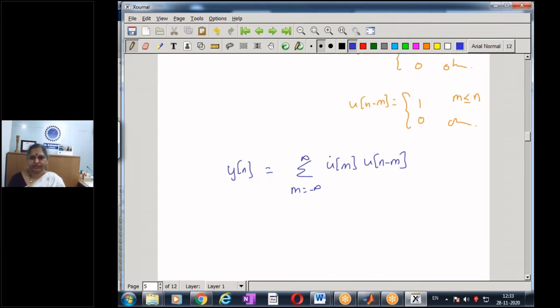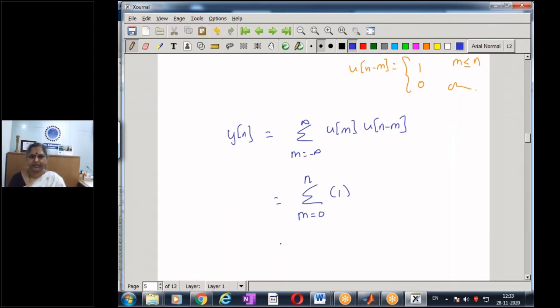The presence of u of m, as we have just sketched, makes the lower limit m equal to 0, and u of n minus m makes the upper limit n. Both of them are 1 in this range, and hence this is what we have. Now let's try to compute it. For n equal to 0, the sum is from 0 to 0, so y of 0 is going to be 1.